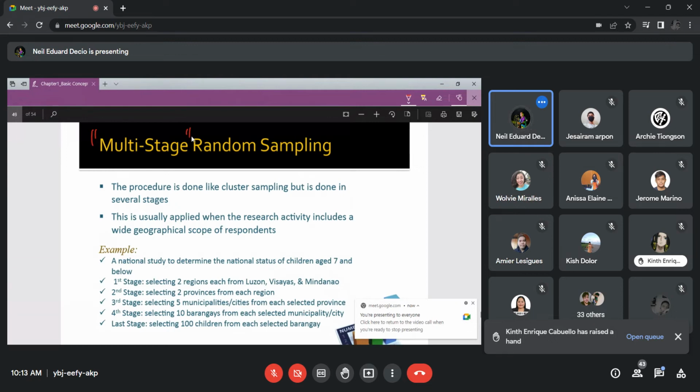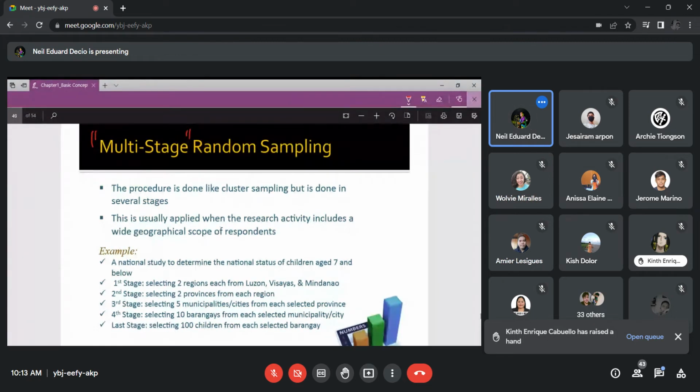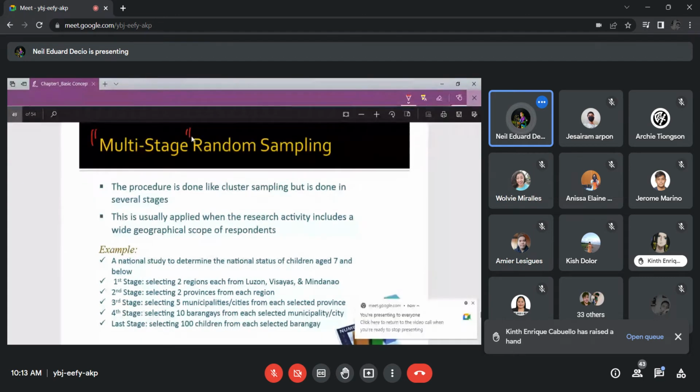Multi-stage meaning many sampling methods are used here. So the procedure is done like cluster sampling but is done in several stages. So this is usually applied when the research activity includes a wide geographical scope of respondents. Okay, so when the scope of our study is large.